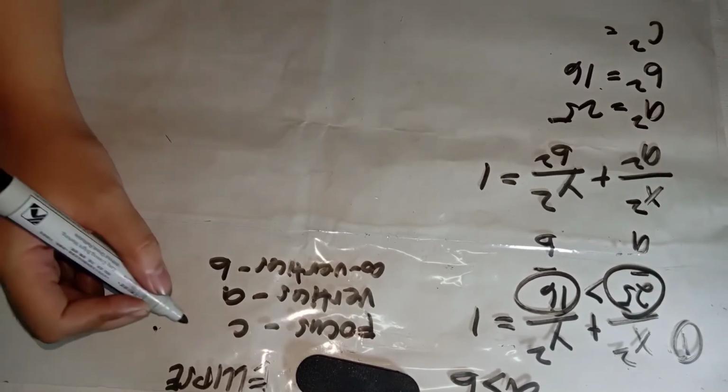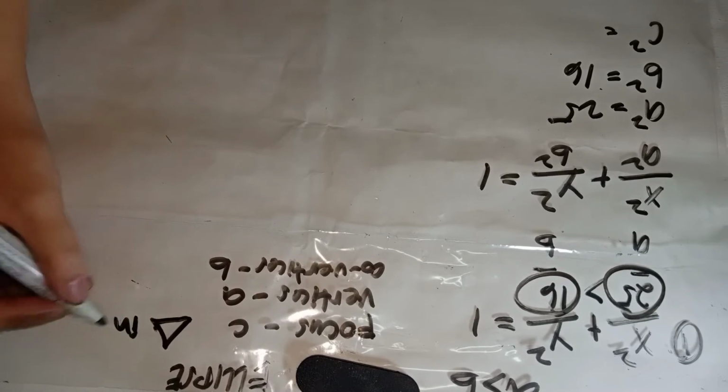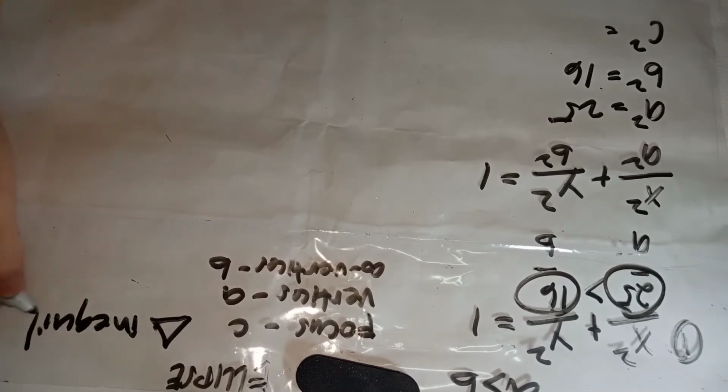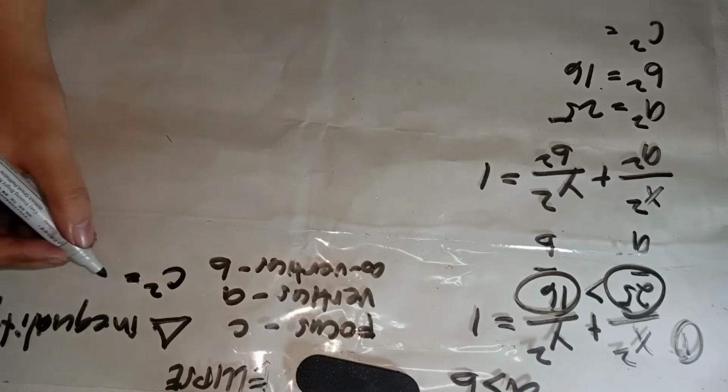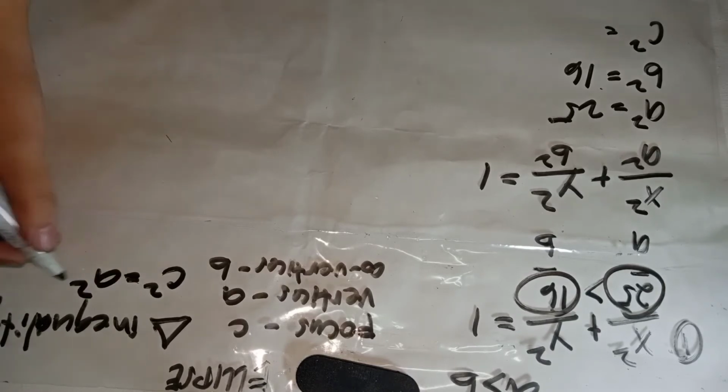So how to get the value of c squared? To get the value of c squared, we're going to use the formula of the triangle inequality of ellipse, where c squared is equal to a squared minus b squared.